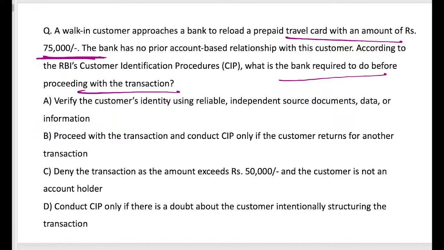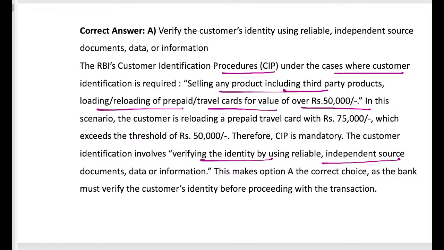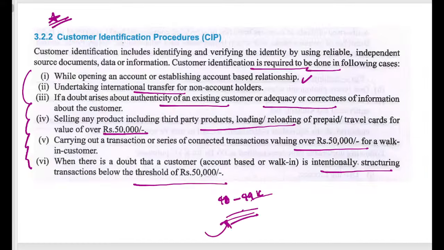Verify the customer identity using reliable independent source of documents or information, right? Option A, proceed with the transaction with CIP only if the amount is more than 50,000, so we will do the verification. Jasila ma'am, A will be the right answer for this one. All right, please go through these guidelines also. Correct? Moving ahead, next one.